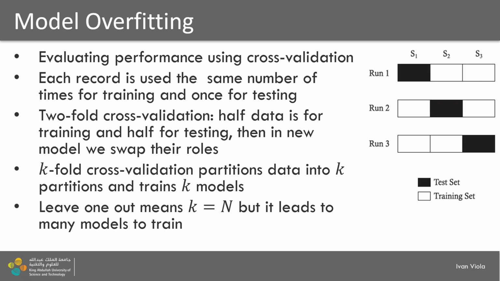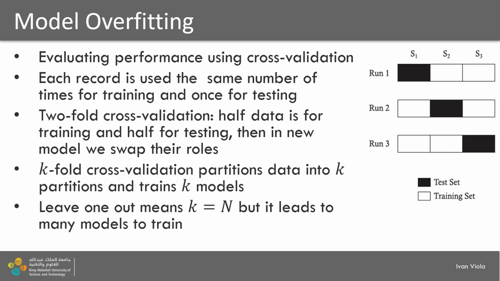So we can have a twofold cross-validation where half of the data is used for training and half for testing, and we create a model and evaluate its performance. Then we swap the roles: the part previously used for testing becomes the training data, and the part which was the training data is used for testing.